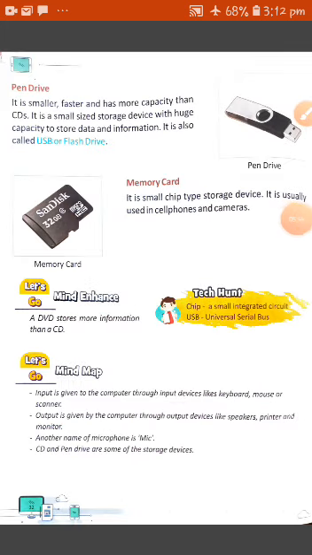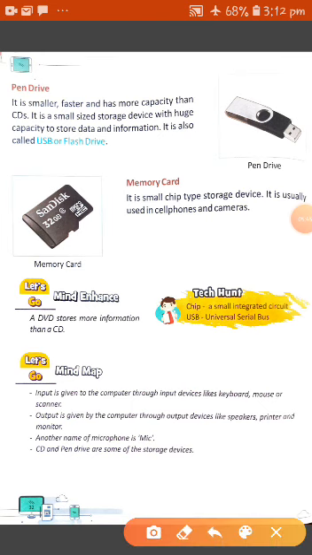Now, talking about pen drive. It is smaller, faster and has more capacity than CDs. It is a small size storage device with huge capacity to store data and information.